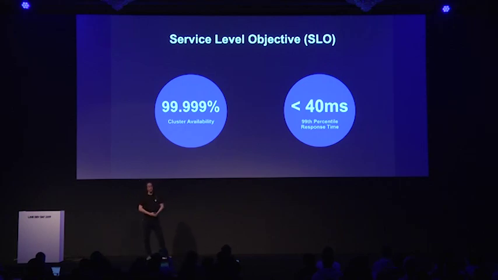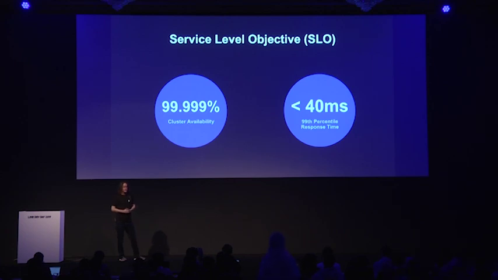A number of key services relies on our cluster also as a backend, which means expected level of service is very high. We internally set SLO, or service level objectives. And today, I like to share the important two SLOs.